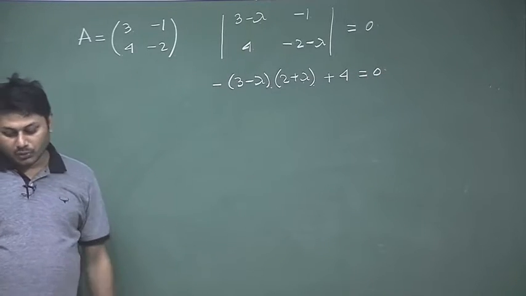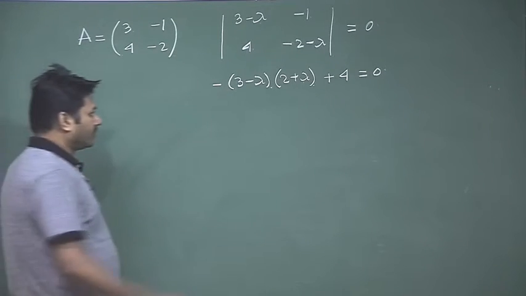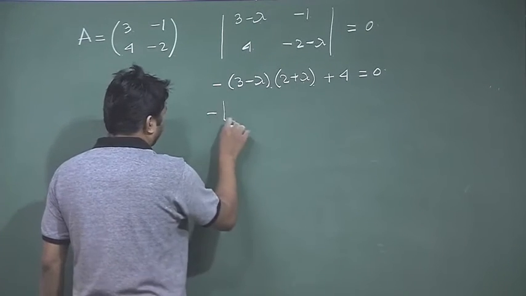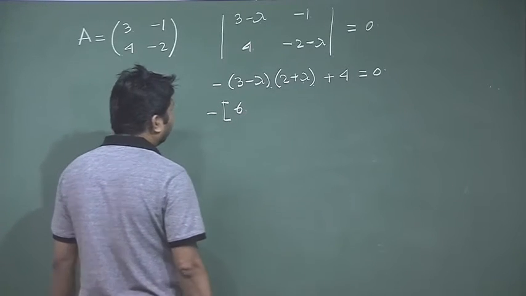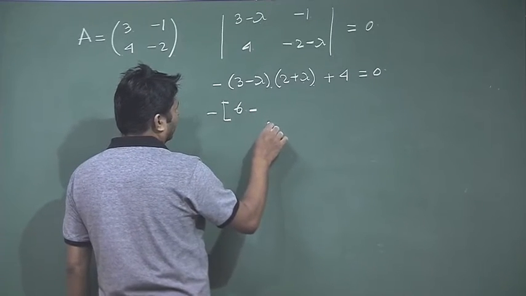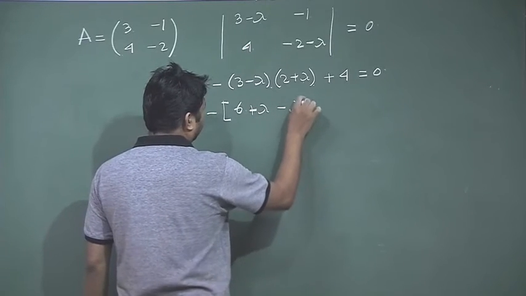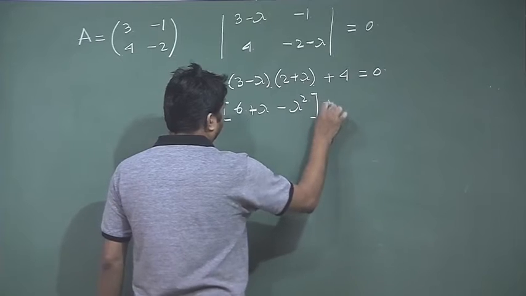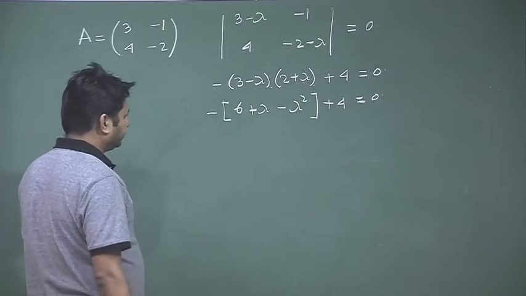First I need to calculate the value of lambda using this equation. So let us do it. Here I have 6 and then 2 minus lambda, and then minus lambda square plus 4 is equal to 0.